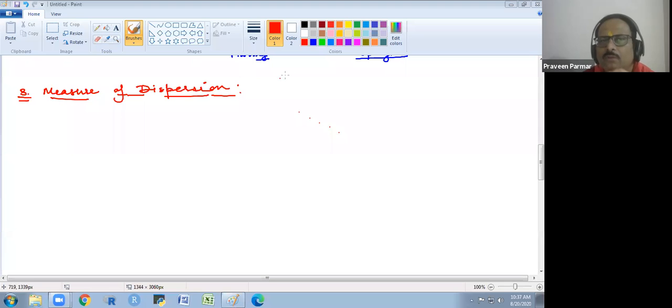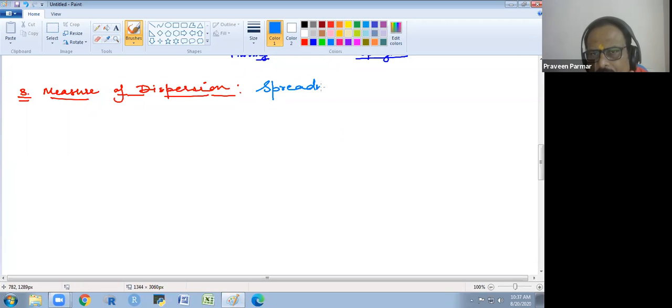I will explain to you what is dispersion. There are two things in the dispersion. You have explained both things, but in a different way. One is the spreadness of the data, and the second thing is the scatterness of the data.